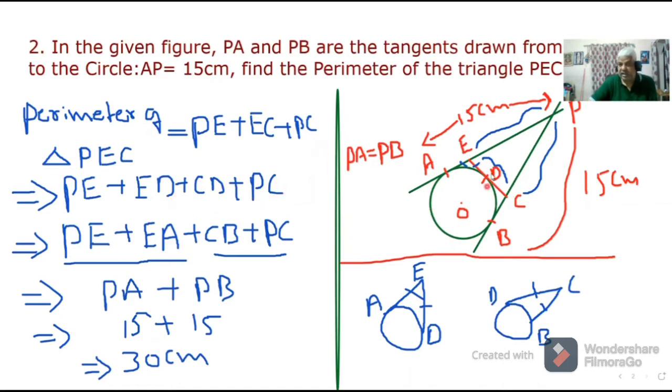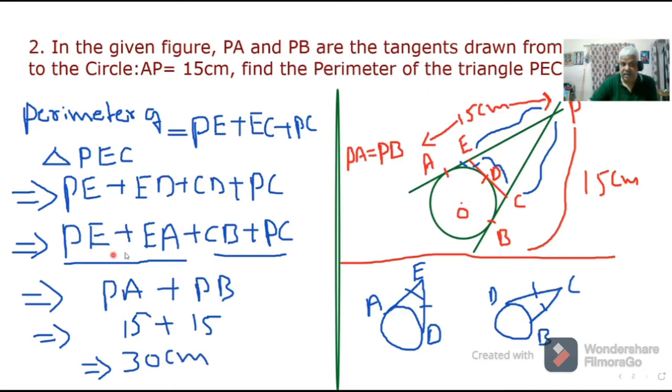Now observe in the diagram, ED and EA are tangents from the external point. They are equal. In the same way, CD and CB are the tangents from the external point. Therefore, they are also equal. Hence, instead of ED, I wrote EA, and instead of CD, I took CB.